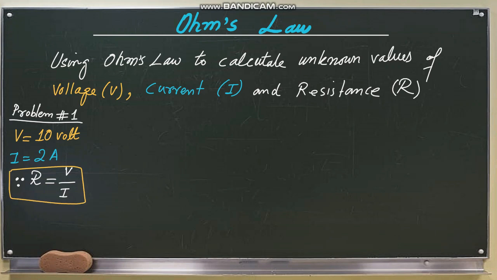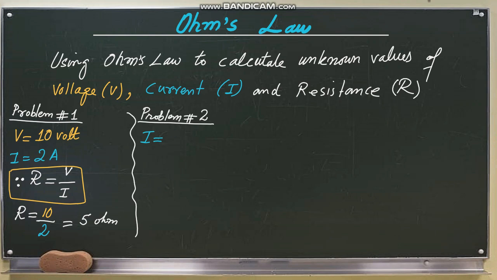Well, by using the relation, that is, the resistance is equal to the voltage divided by current. Putting values in above equation, R equals 10 divided by 2, which gives us 5 ohm.